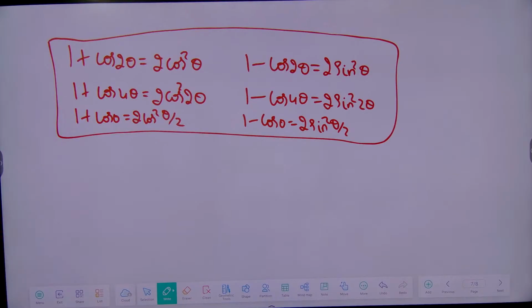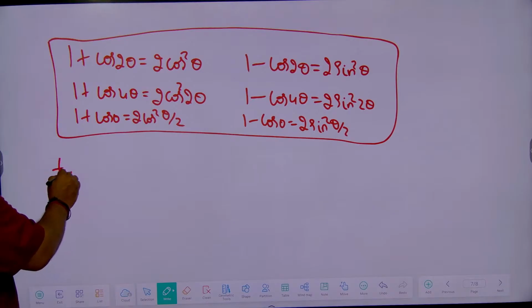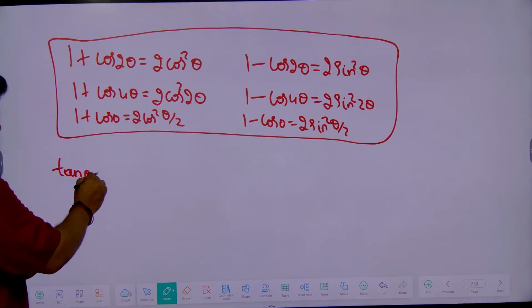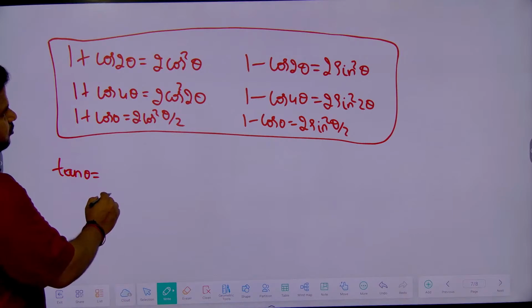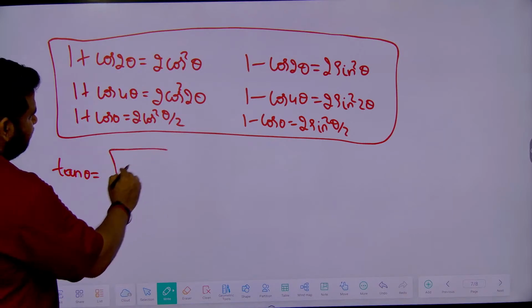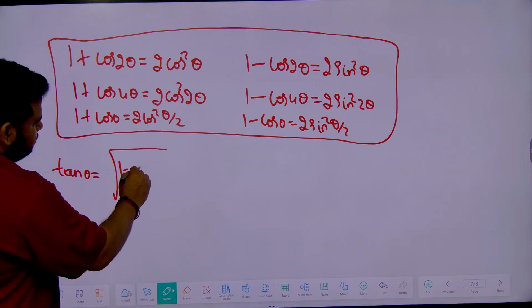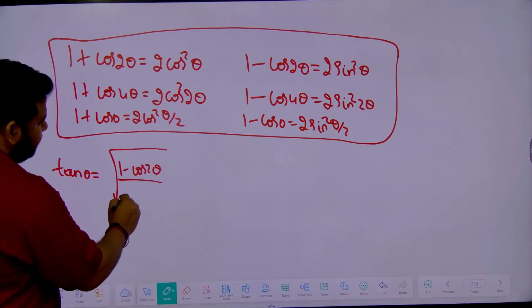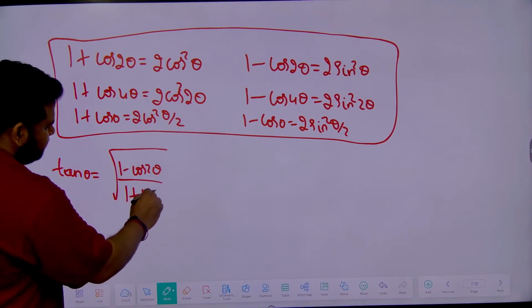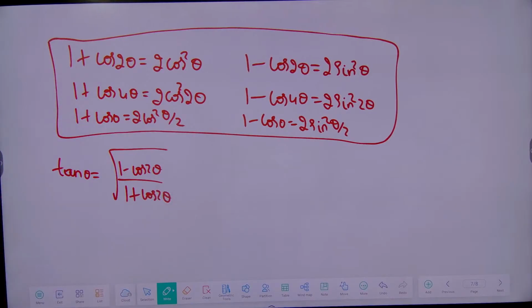Now, based on this, can I write tan theta is equal to square root of 1 minus cos 2 theta by 1 plus cos 2 theta?